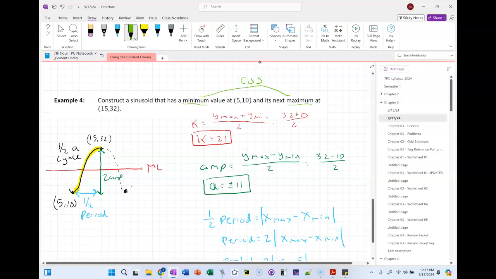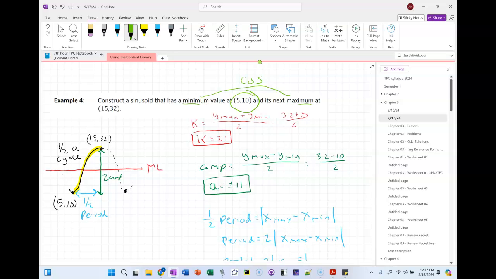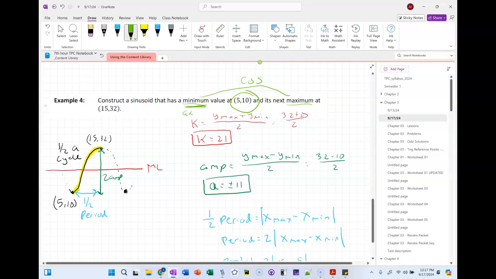Now, which one do you want to use? Let's just say we pick this one because I saw this one first. What type of point is that? It's a minimum. What does that tell you, other than we're using cosine? It also tells us about the sign for A. A will be negative.